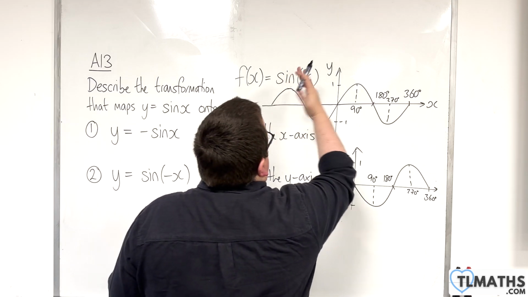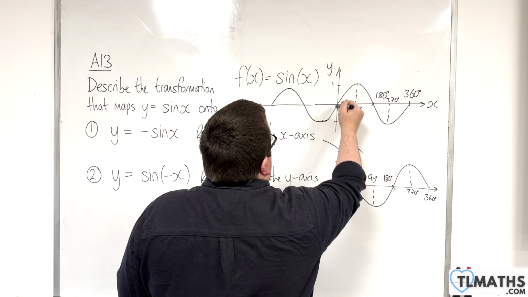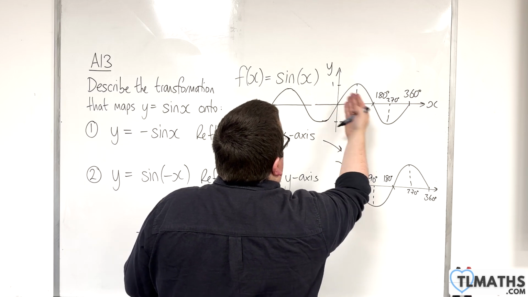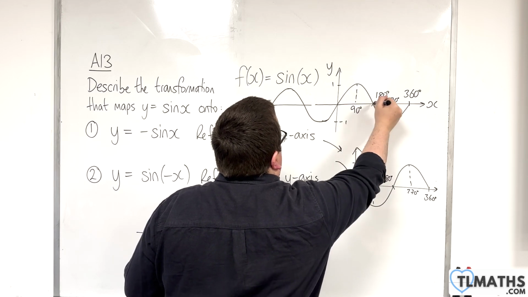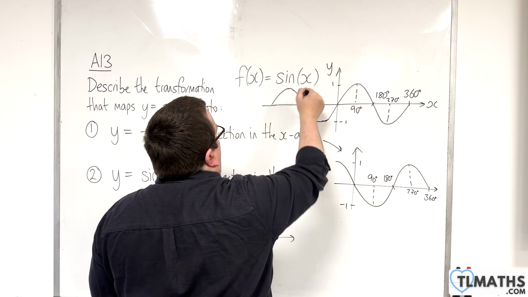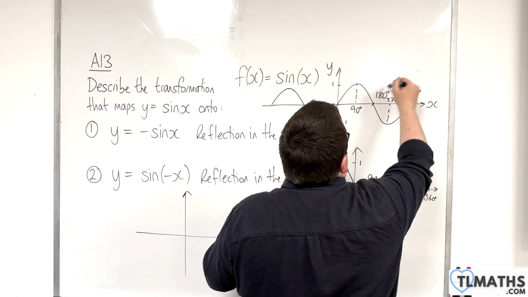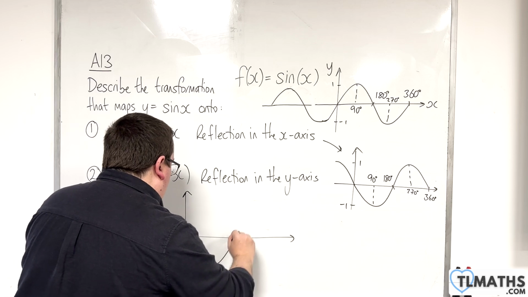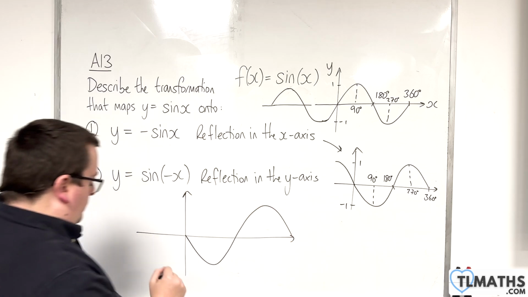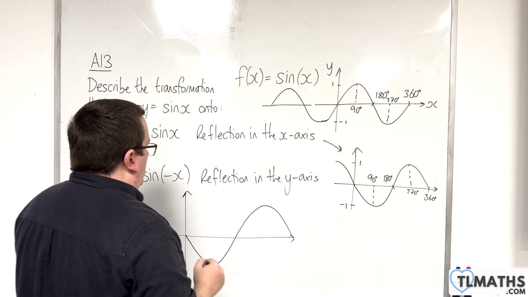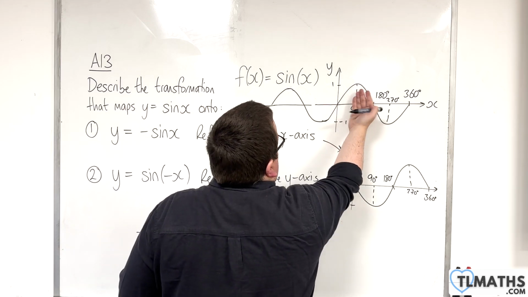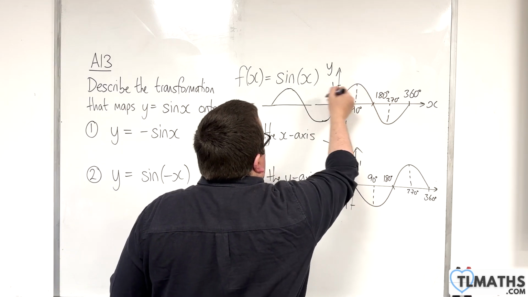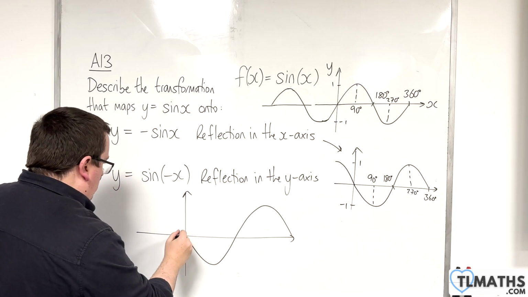Well, if all of that comes over here, this bit here will get reflected and will appear here, and this bit will get reflected and bounce over here. So we should get a curve that looks something like this. And this bit will get reflected over here, so it will appear over here.